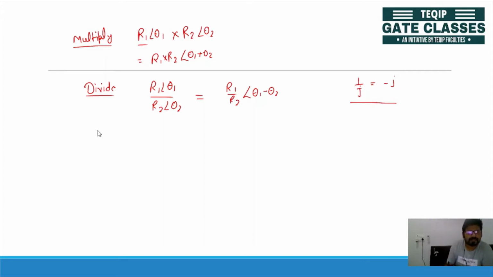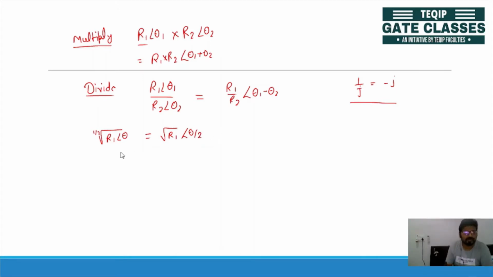Okay, suppose we have to take a square or a square root of any polar form, suppose the square root of r1 angle theta. Okay, so the magnitude will be simply the square root of r1 and the angle will be theta by 2.